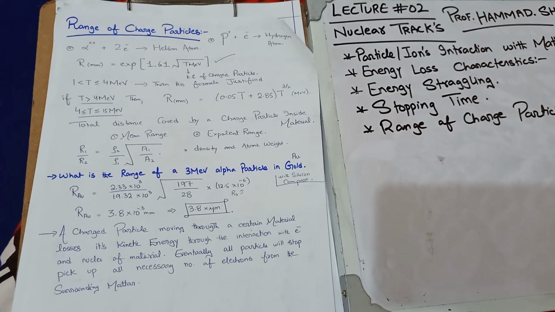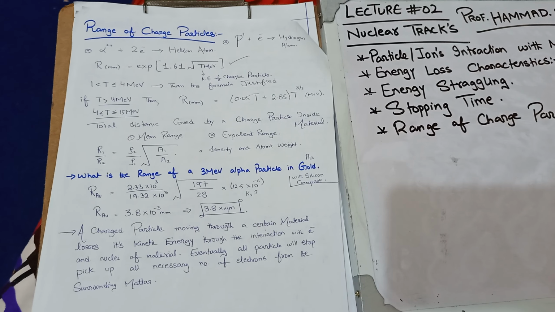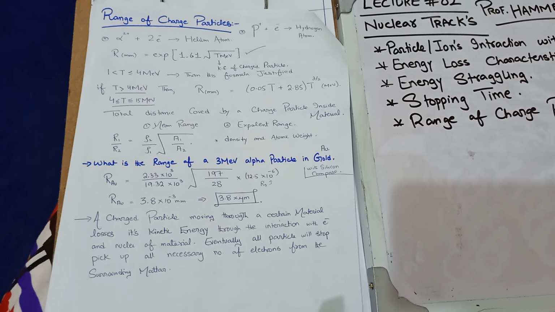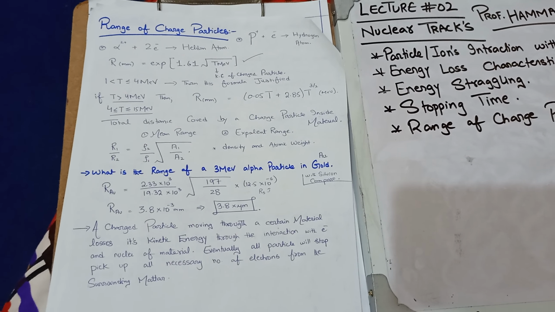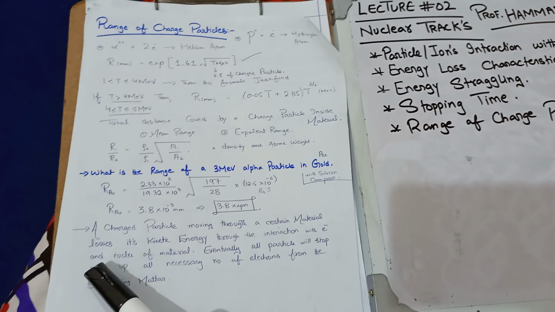Because when a charged particle is moving inside the material, it loses all the kinetic energy which it has initially. Once it penetrates into the material, eventually all particles will stop after some time.